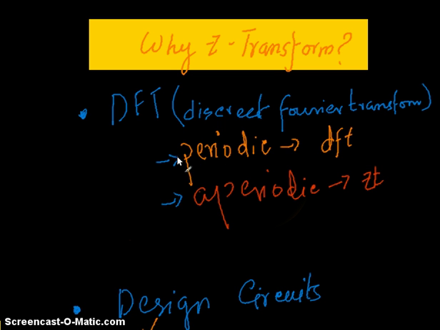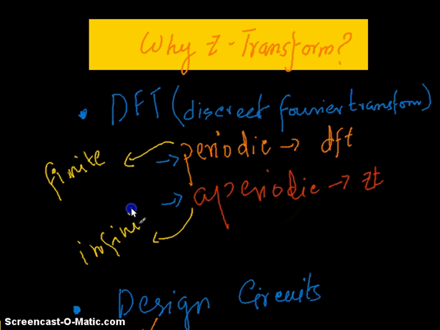DFT is used for finite length, whereas Z transform handles infinite. When a signal is periodic, we take a small chunk of it.